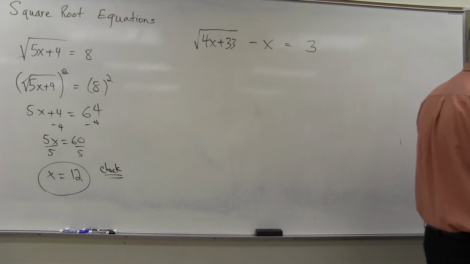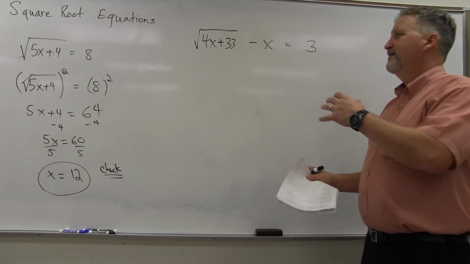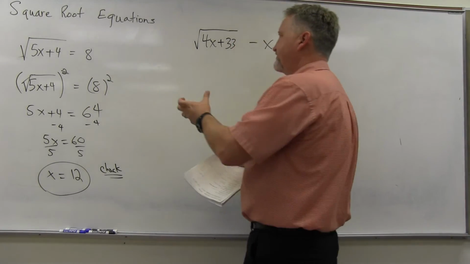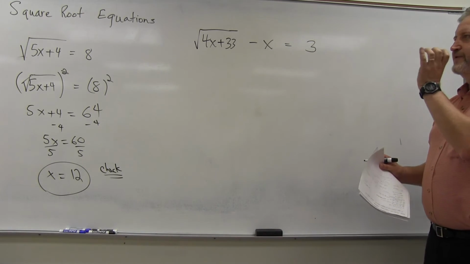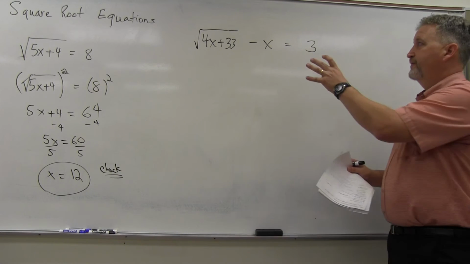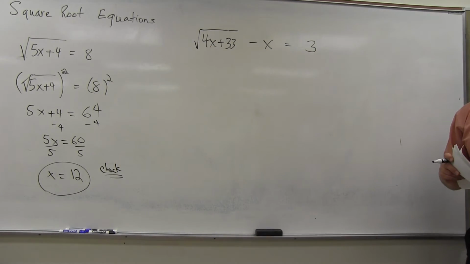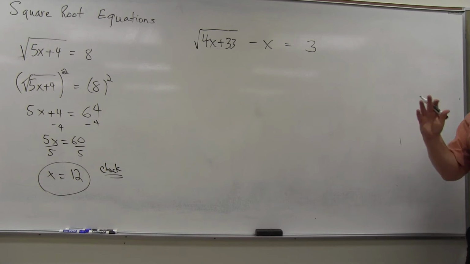Now, you have these little rules here, but for squaring both sides to work, you need one side to be just a square root. In this case, I've got a square root, but then I have an extra piece there. So I've got to get the square root by itself.